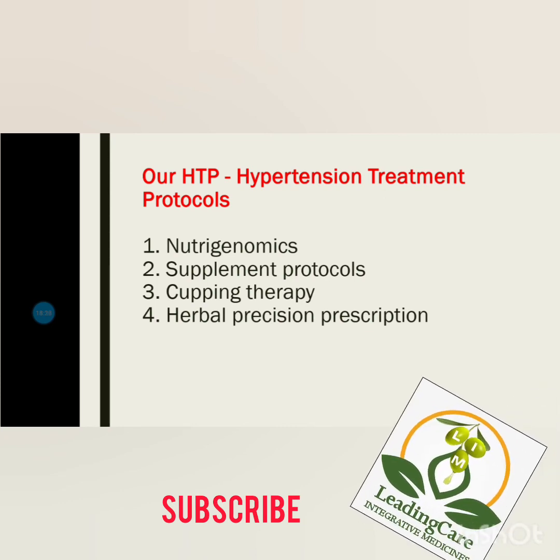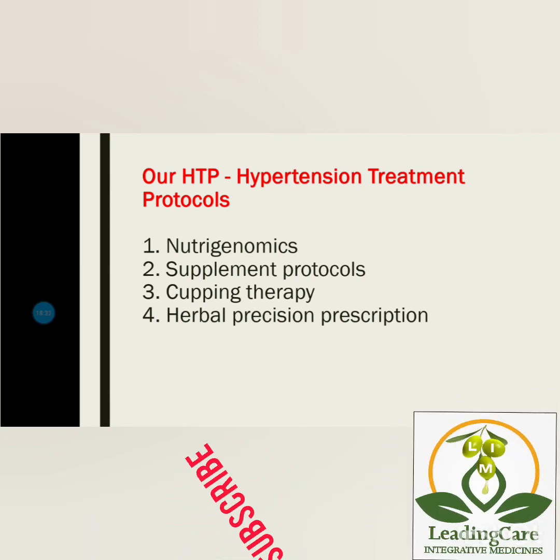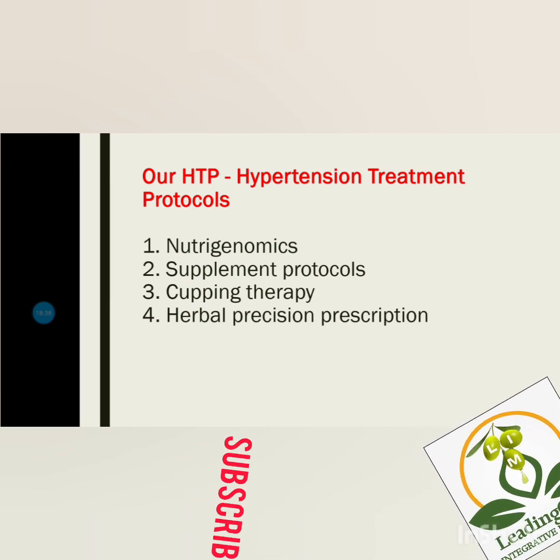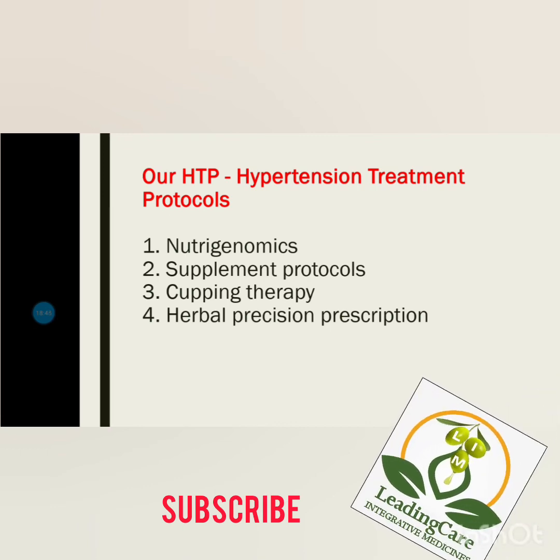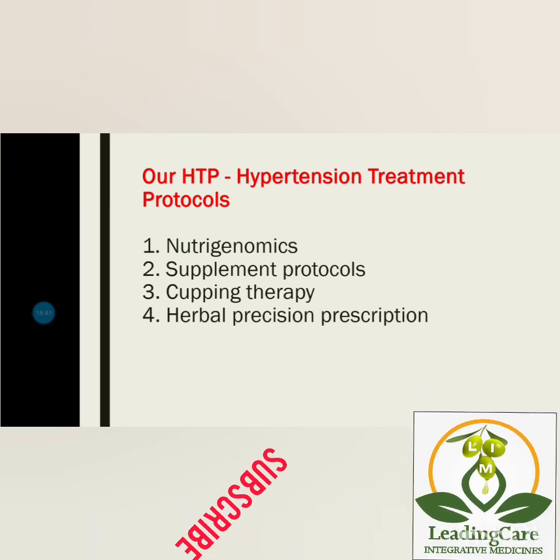As I've said earlier in our previous videos, if you have issues with your blood vessels, the blood viscosity or the obstructions are there, so cupping therapy is good for that, to release and to clean the blood vessels.